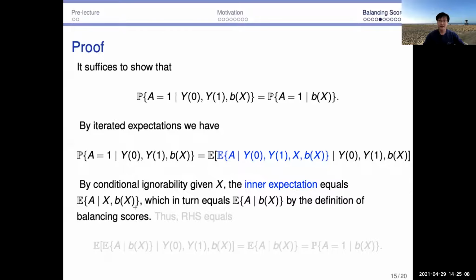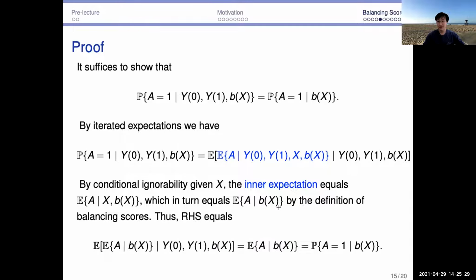Now, because B of X is a balancing score, by definition A is independent of X given B of X. Therefore, this expectation equals this expectation. So this is what the blue term ends up equal to.